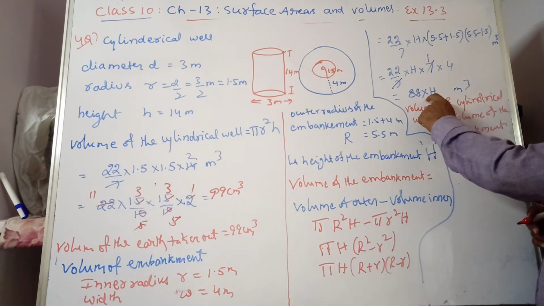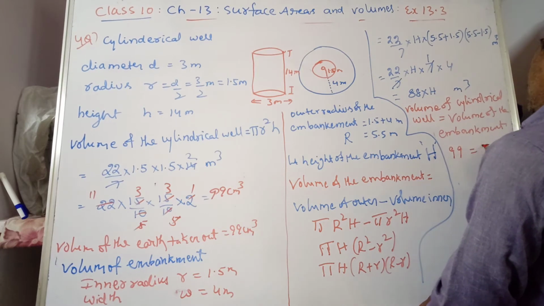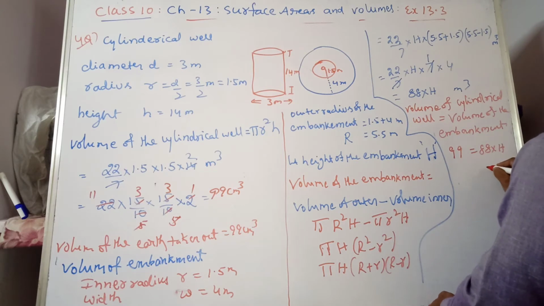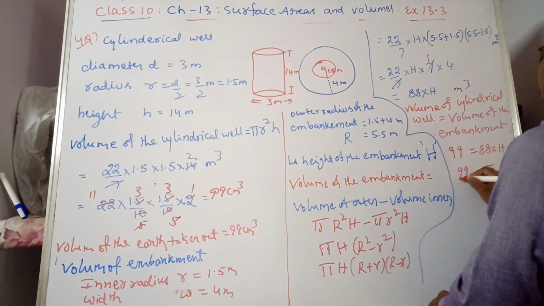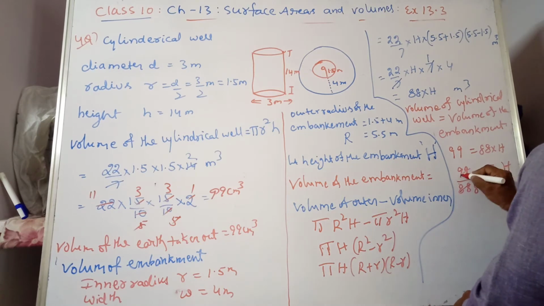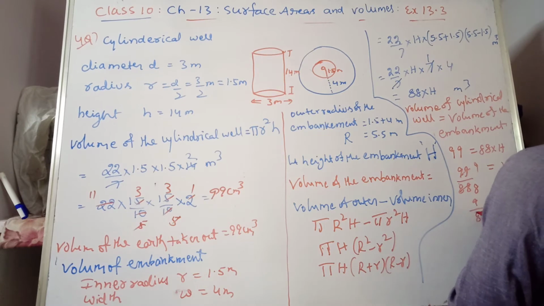What is the volume of the embankment? 88 into H. So 99 is equal to 88 into H. When you transpose 88 to this side, H is equal to 99 by 88. 11 times 9 is 99, 11 times 8 is 88, which is equal to 9 by 8 meters. We got 9 by 8 meters.